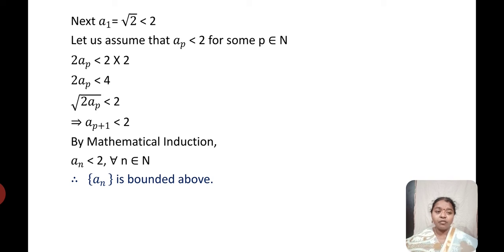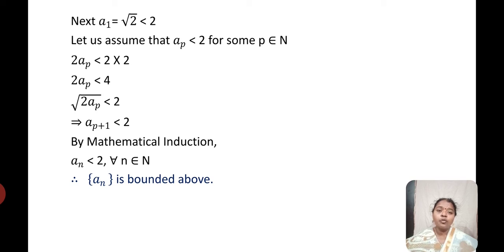Now we have to check whether it is bounded above or not. So next what we do is we take a1 is equal to root 2, which is given, and this is obviously less than 2. Let us assume that ap is less than 2 for some p belongs to the natural numbers. We multiply 2 on either side, so we get 2ap is less than 2 into 2, that is, 2ap is less than 4. Let's take the square root on either side of the inequality.